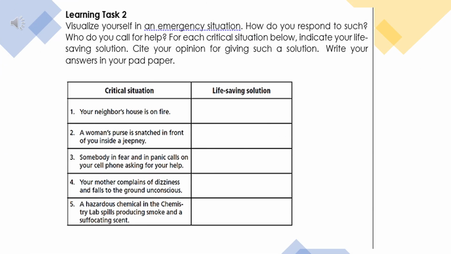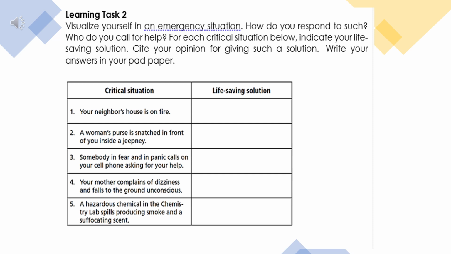Learning task 2. Visualize yourself in an emergency situation. How do you respond to such? Who do you call for help? For each critical situation below, indicate your life-saving solution. Cite your opinion for giving such a solution. Write your answers in your pad paper. So the first critical situation in the table is your neighbor's house is on fire.